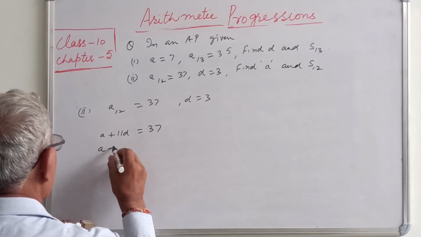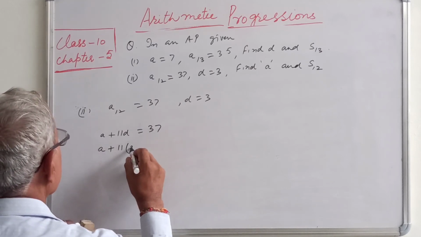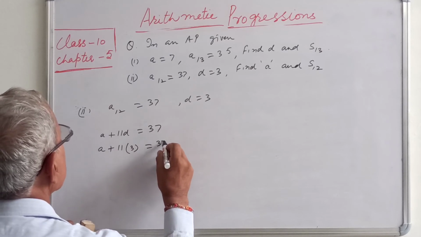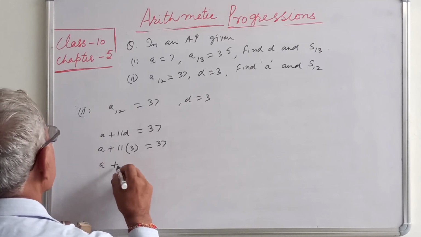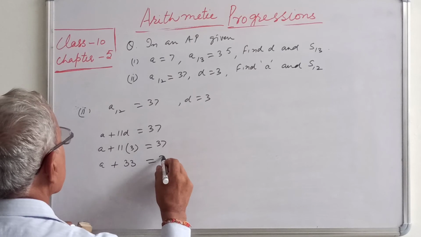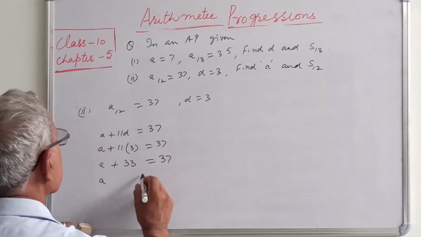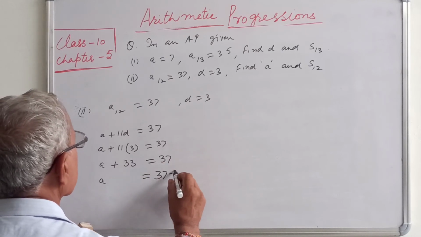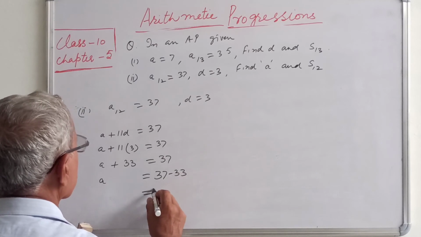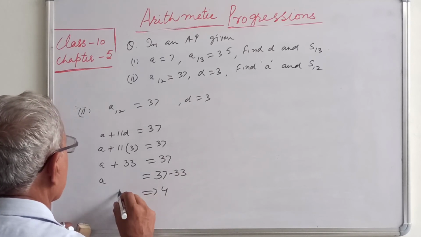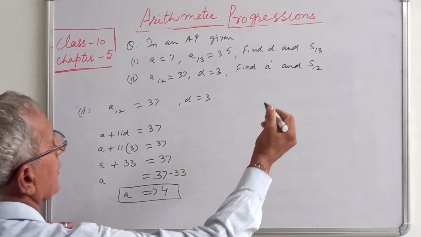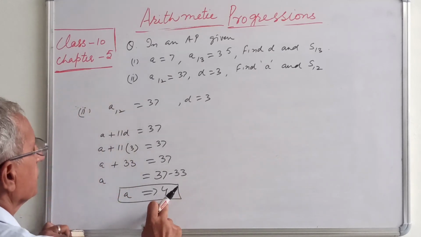So A plus 11, the value of D is 3, equal to 37. So A plus 33 is equal to 37. So A is equal to 37 minus 33, that is equal to 4. So we had to find the value of A, A is 4.